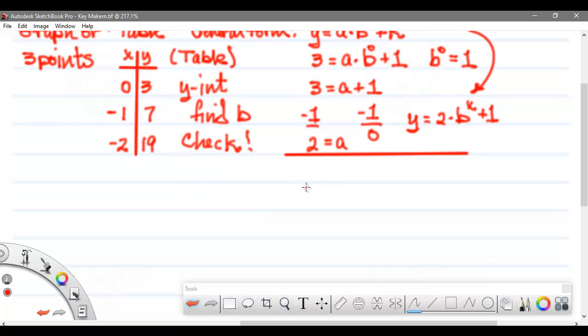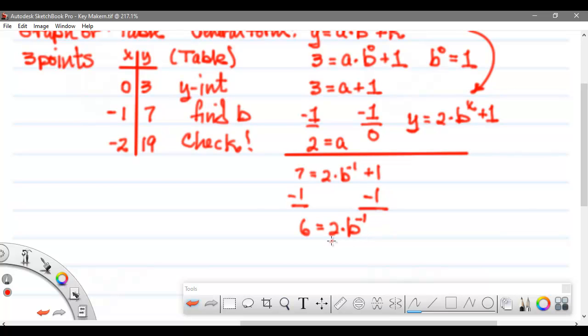So y, which is 7, equals a, which we found was 2 just a second ago. The b I don't know, but I know it has a -1 on it for the x. When y is 7, I have plus 1. Now you see I'm getting rid of the 1 on the right side. I subtract 1 on the left, and I get 6 equals 2 times b raised to the -1.